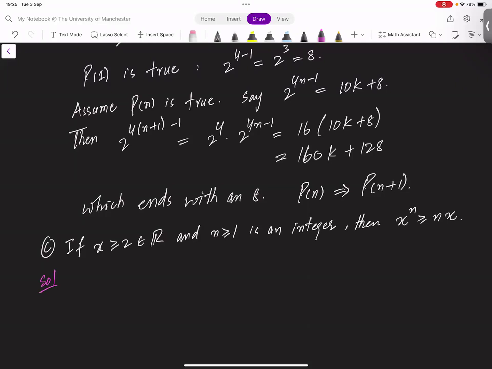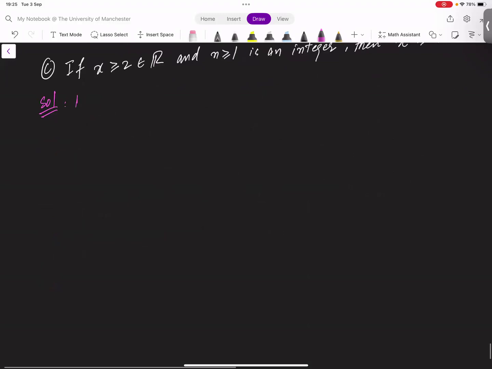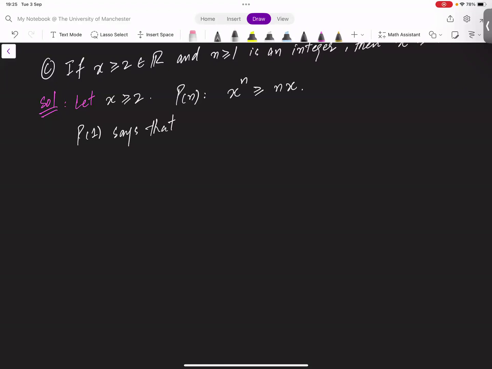Solution. Let x be greater than or equal to 2. Then P of n is the statement that x power n is greater than or equal to nx. Then P of 1 says that x is greater than or equal to x, which is true.